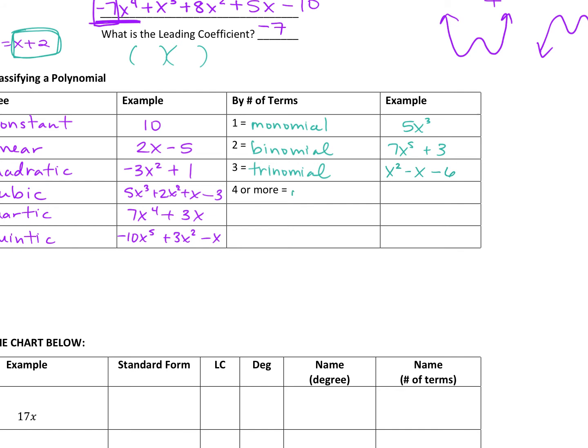They're just polynomials, which technically 1, 2, and 3 are also, but we can be more specific: monomial, binomial, trinomial. Anything 4 or beyond is just polynomial. So x to the 3rd plus x squared plus x plus 1 would be a polynomial.